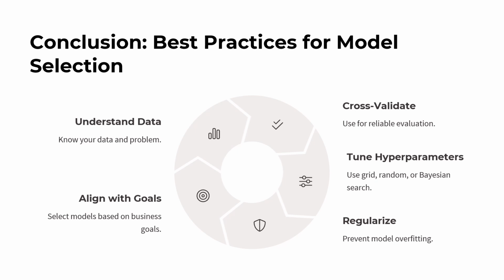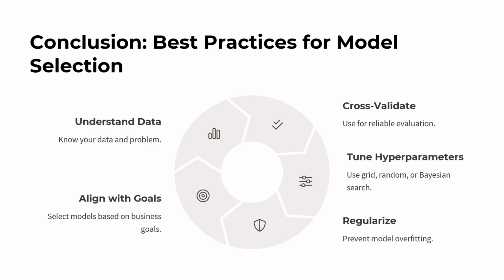Next, cross-validate. Always use cross-validation to evaluate models' performance. It helps ensure that your results are not due to random chance and gives a more reliable estimate of how the model will perform on unseen data. Fine-tune hyperparameters. Every model has settings known as hyperparameters.